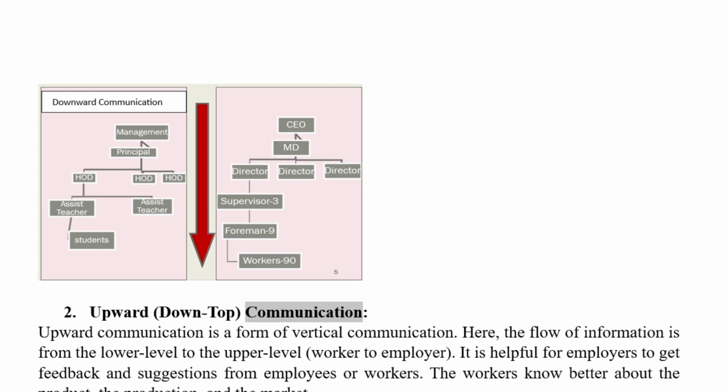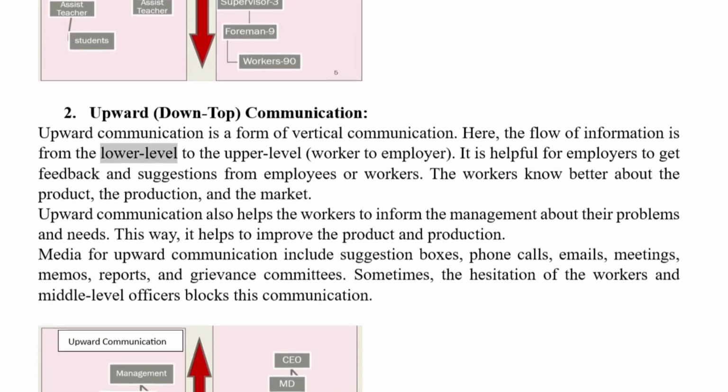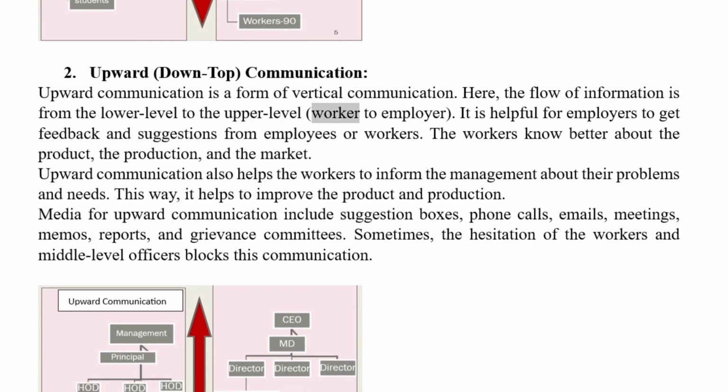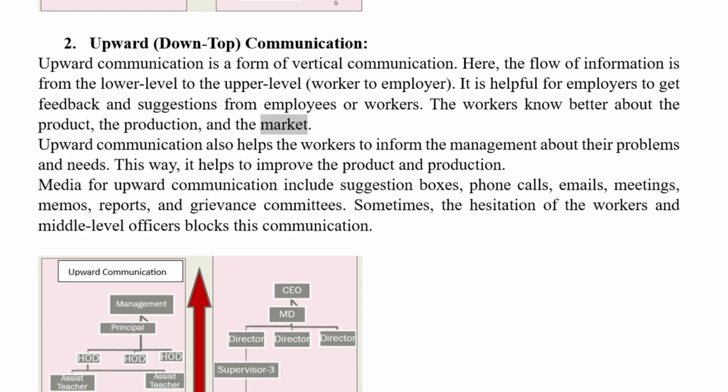Upward communication. Upward communication is a form of vertical communication. Here, the flow of information is from the lower level to the upper level, worker to employer. It is helpful for employers to get feedback and suggestions from employees or workers. The workers know better about the product, the production, and the market.